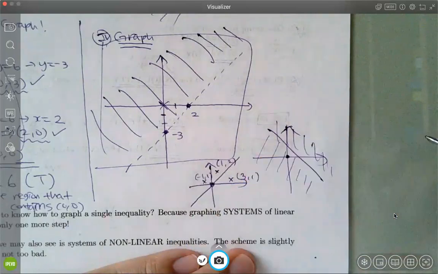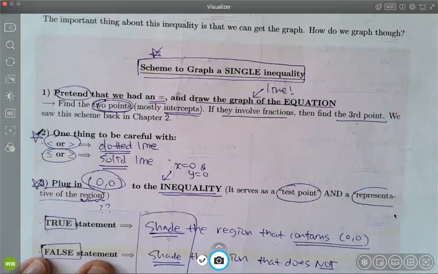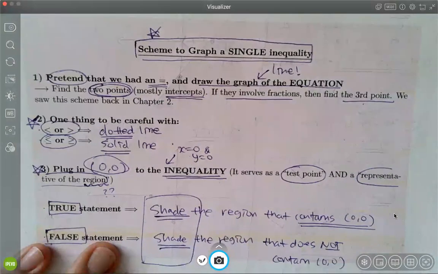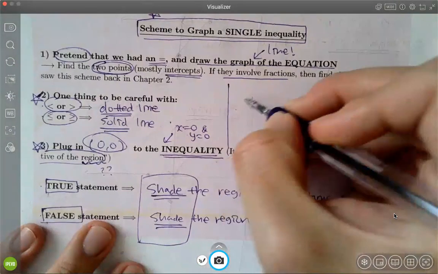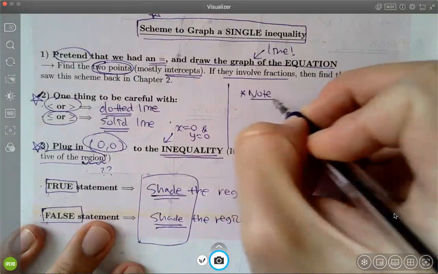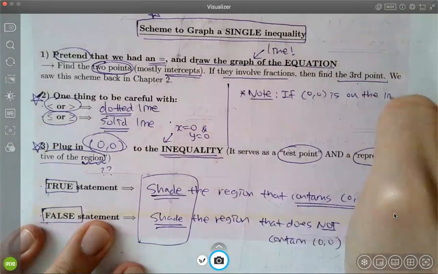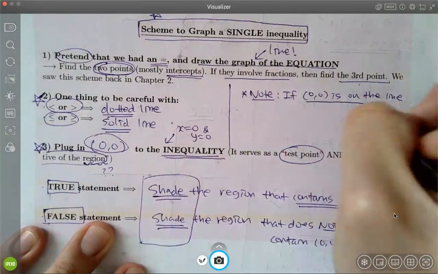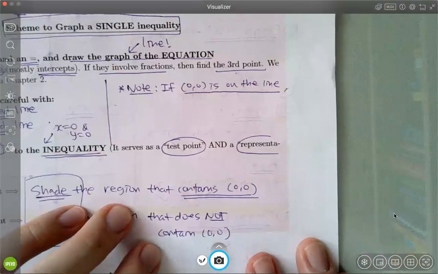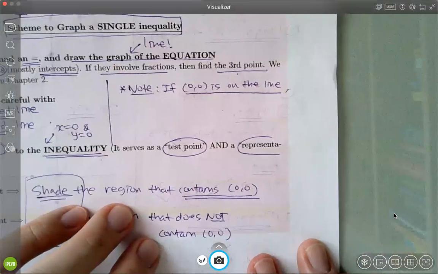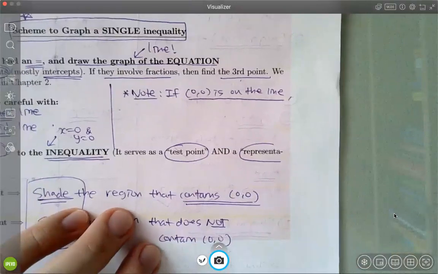Okay, so going back to our scheme here, as a side note, if 0, 0 is on the line, then unfortunately you just have to look at your graph and pick an obvious easy point that lies either above the line or below the line.